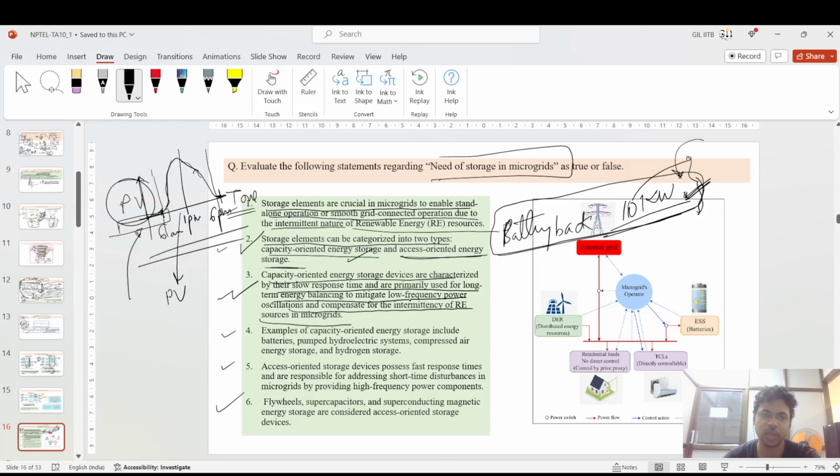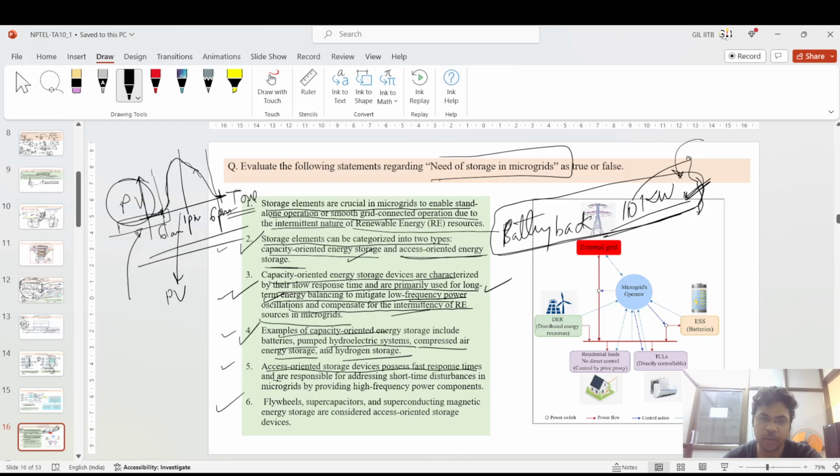That is true, because capacity oriented energy storage has a slow response time, but it can be utilized for long term storage for the low frequency power oscillation in the system. And these examples, that is the fourth, are also true: batteries, pump storage, hydroelectric systems, compressed air energy storage systems, and hydrogen storage.